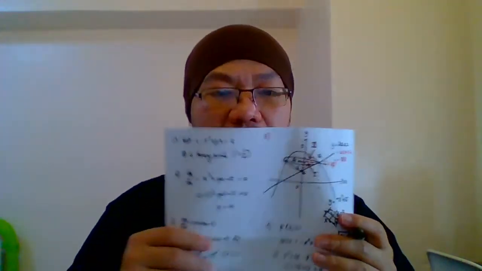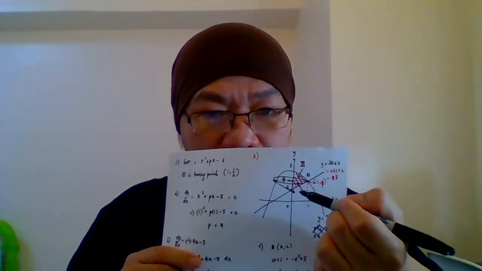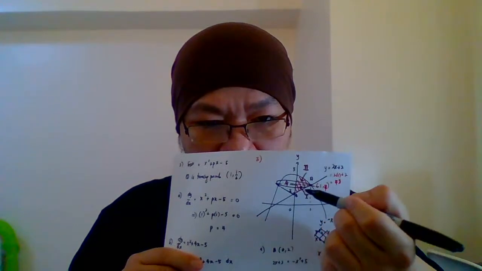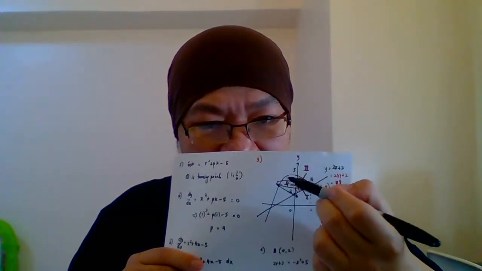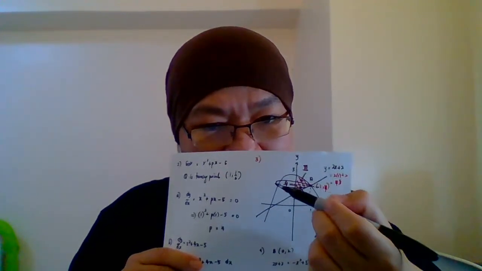When the triangle rotates on the Y axis, it becomes a cone. And when the curve rotates against Y, it becomes a hemisphere.